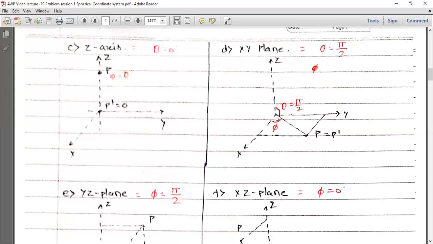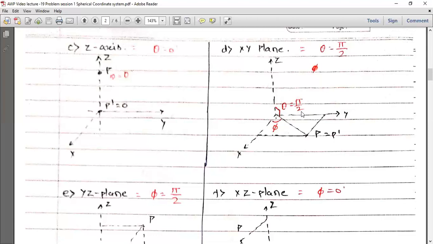Okay, so since line segment OP is in the xy plane, it is coplanar with the xy plane. So OP and the z-axis will be perpendicular to each other for all possible positions of point P. And that's why the second coordinate theta will always be equal to pi by 2. So for any point P lying in the xy plane, theta is always equal to pi by 2.